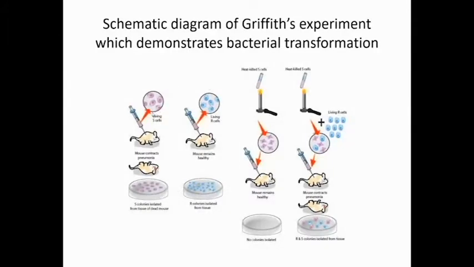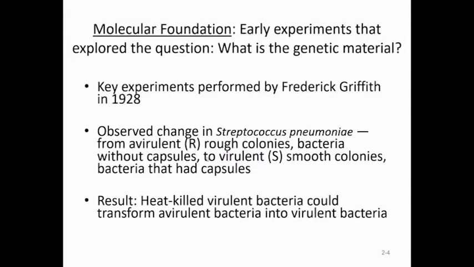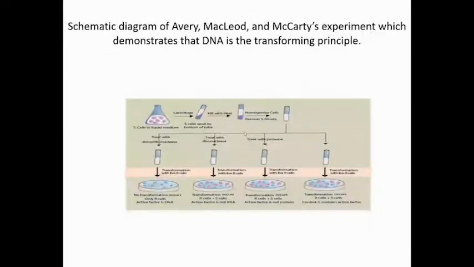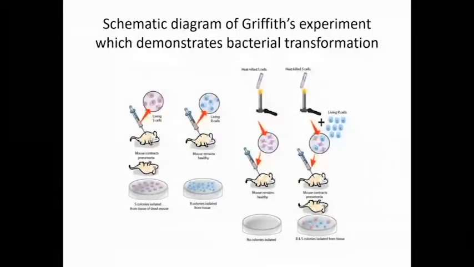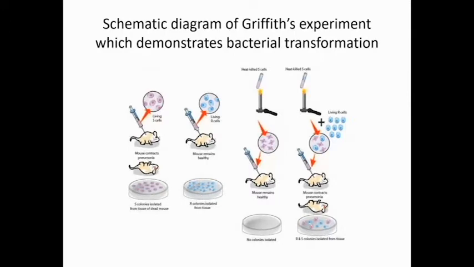So he performed several experiments. In the first experiment, he injected the live S cell, this virulent smooth cell, and then the mouse died. And if he injected the live R cell, which is avirulent, then the mouse lived.